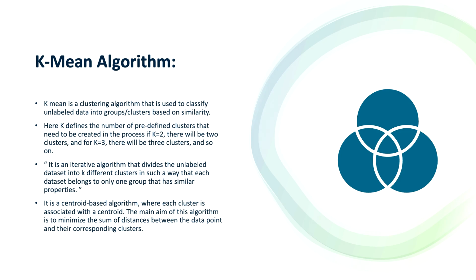The k-means algorithm consists of several stages. The k-means clustering algorithm is used to divide the initially given data points into different clusters, or different groups, based on similarity.